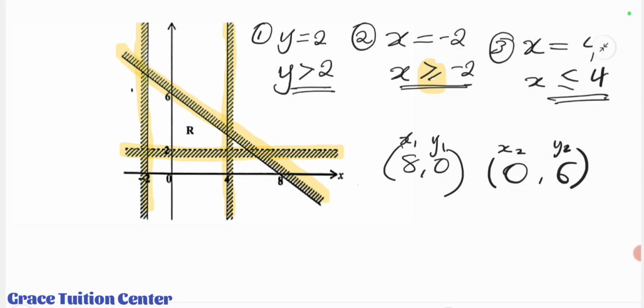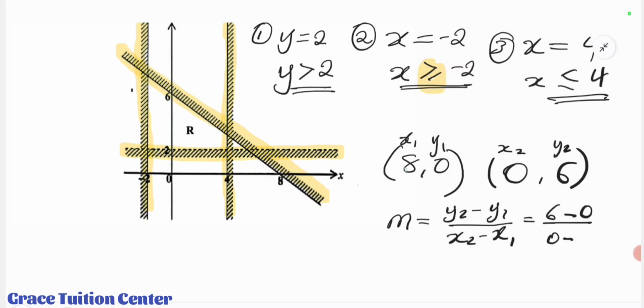Let's go ahead and find our gradient. The formula is m equals y2 minus y1 over x2 minus x1. Substituting, y2 is 6 minus y1 which is 0, over x2 which is 0 minus x1 which is 8.